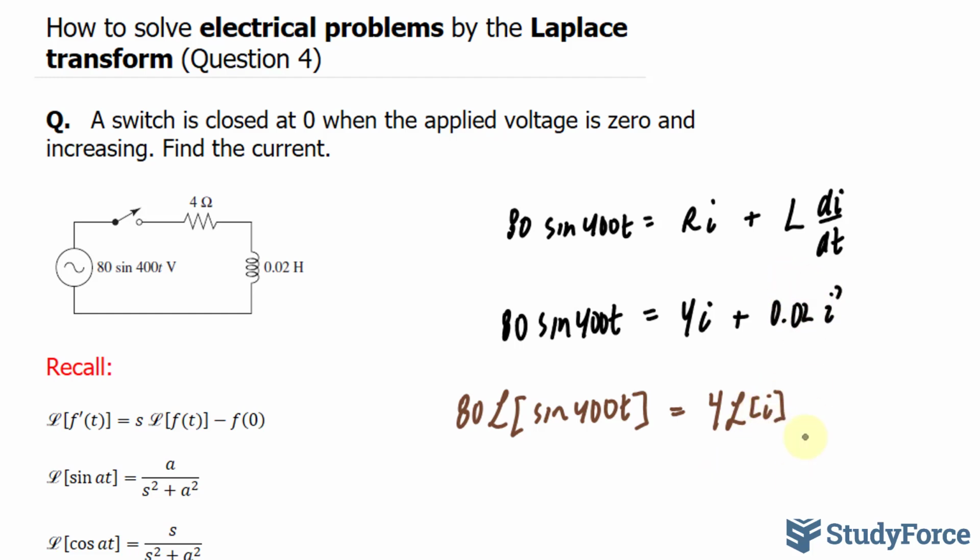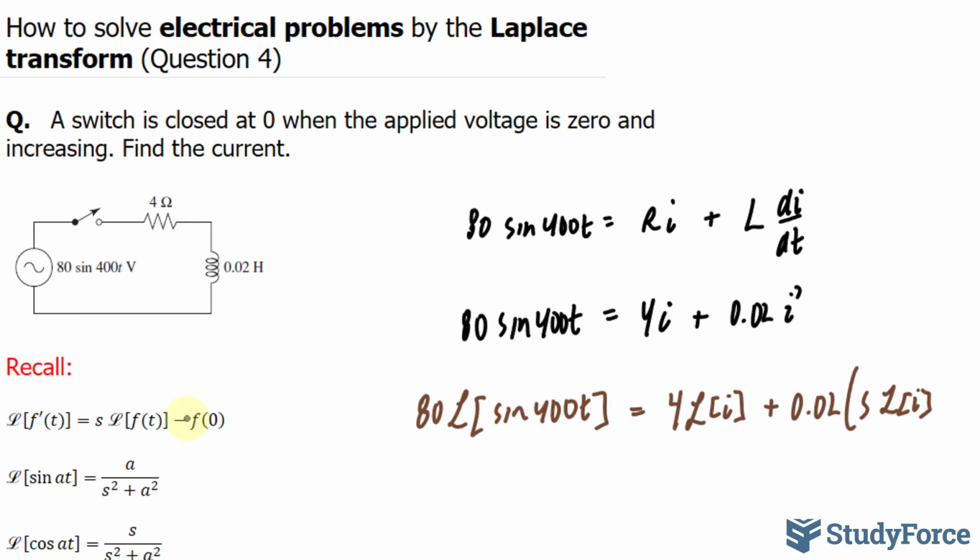And the Laplace transform here, for that, we'll need to use this relationship where the transform of the first derivative is equal to this expression. So I have plus 0.02 times s, the Laplace transform of f of t, which in our case will be simply the Laplace transform of I, minus I at time 0. The current at time 0 is equal to 0.